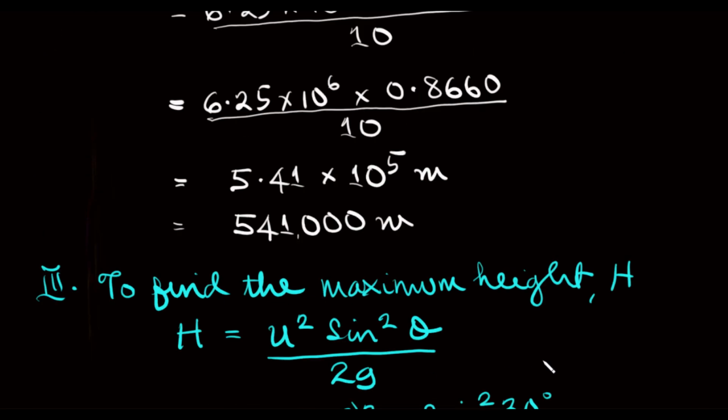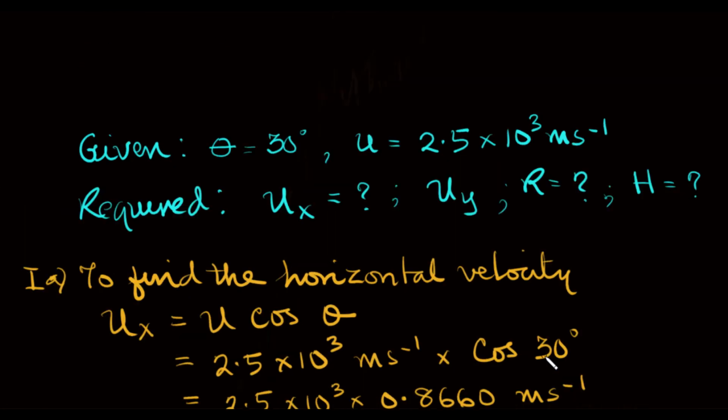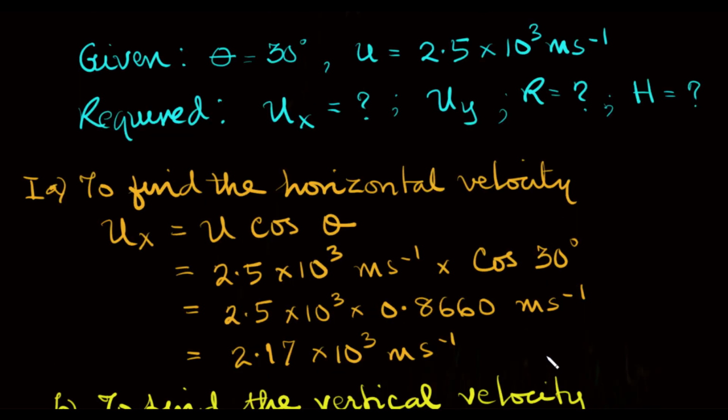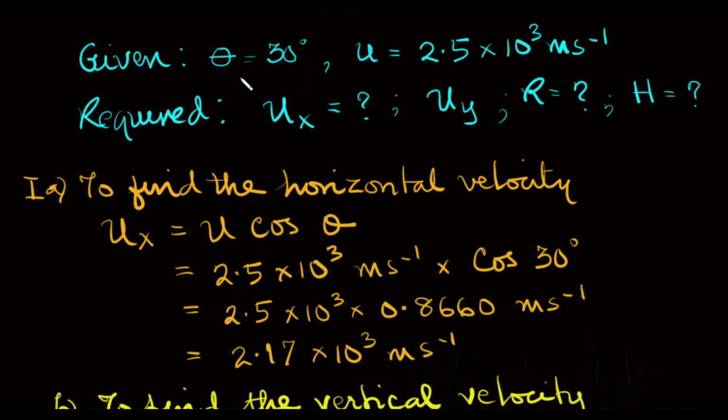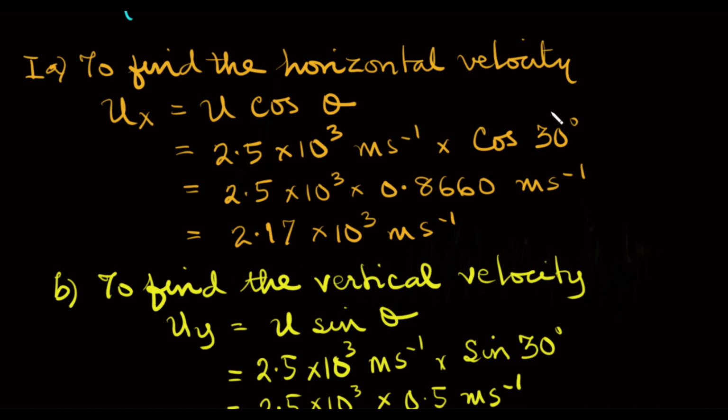Let's do a quick recap of our solution. We're given the angle of projection and the initial velocity and asked to calculate the horizontal and vertical components of the velocity, the range, and the height. To find the horizontal velocity, we use ux equals u cos theta.